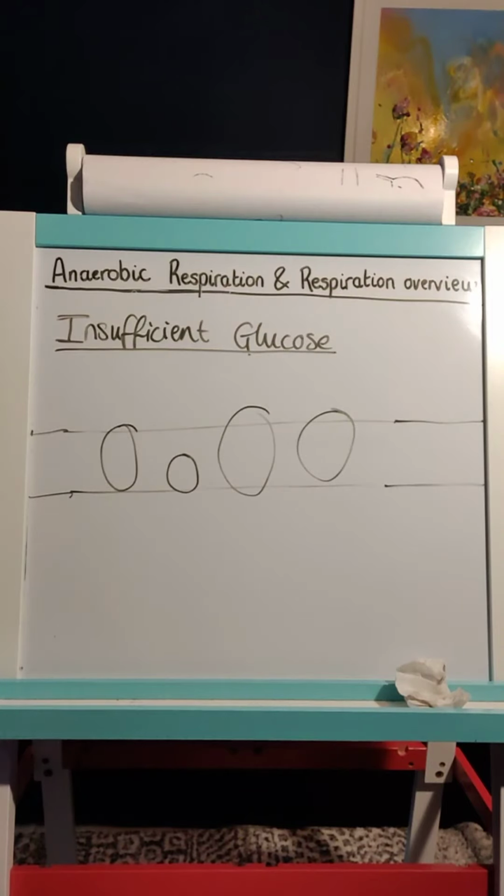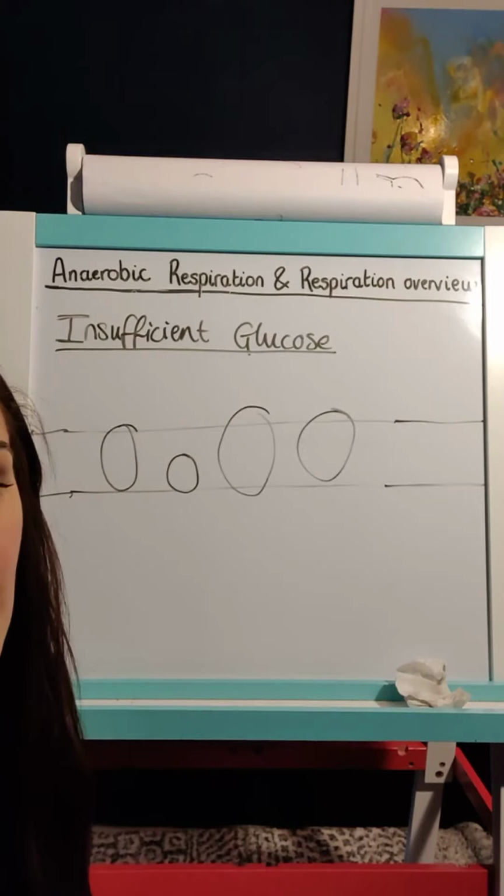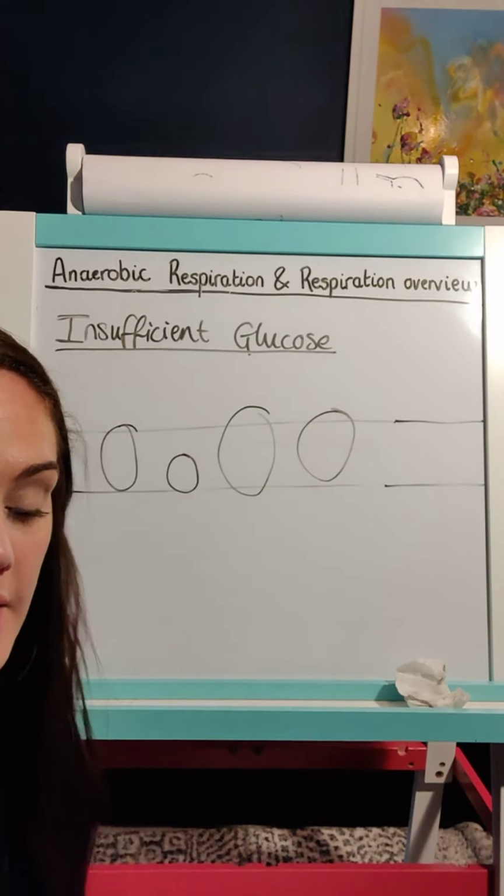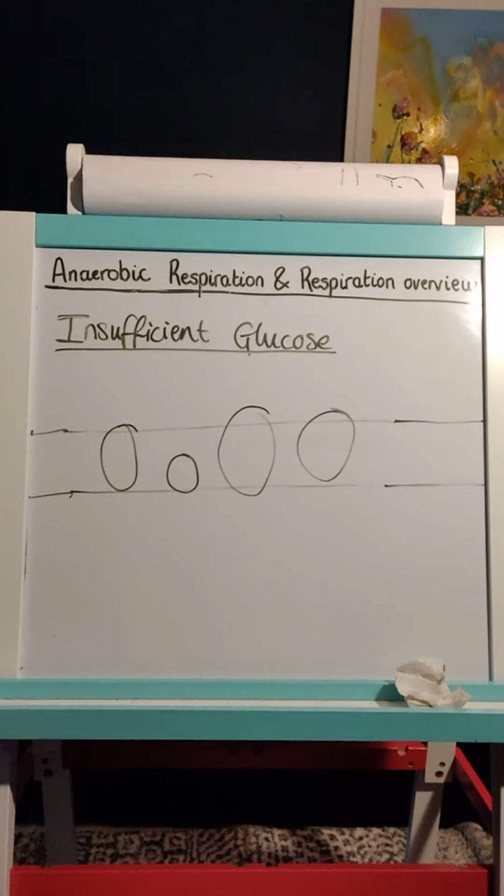Now you don't have to necessarily, I don't think they would ever say name an inhibitor. They could ask you to name one or two, but you're not expected to reel off a big long list of inhibitors. I do think though it's useful to know a bit of a list of them, so that if you see a question that is about an inhibitor, you can recognise the name.